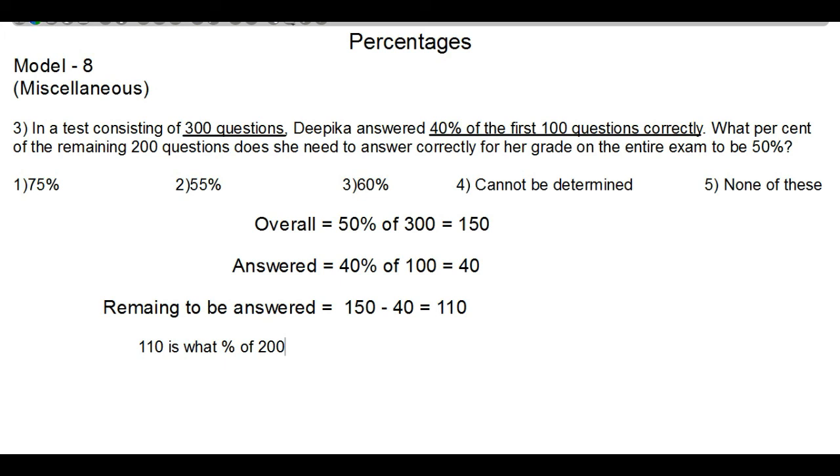So 110 by 200 into 100 comes out to be 55%. So we can say that out of the remaining 200 questions, she needs to answer 55% of the questions correctly so that her overall grade can be 50%.